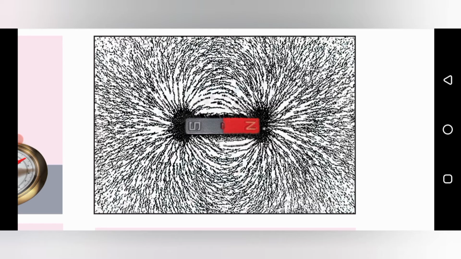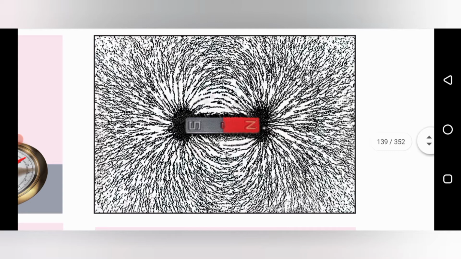Around that, there are limitations. Only some area is covered by the magnetic lines of force. That area only is called the magnetic field. Or the magnetic field is the region influenced by another magnet kept in that region, where attraction or repulsion takes place.